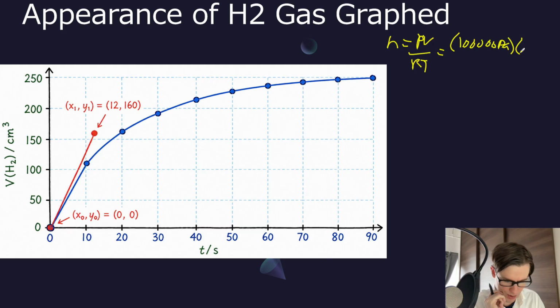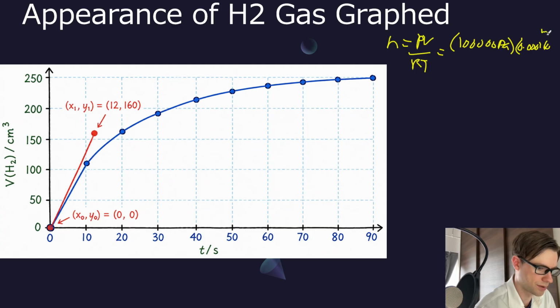And it's 160 centimeters cubed, right? That sort of tip of the tangent line, that red point. So that is in meters cubed, 0.000160 meters cubed for our volume.